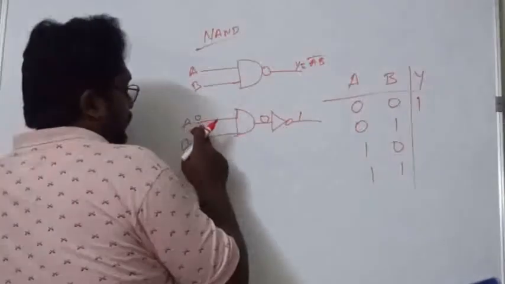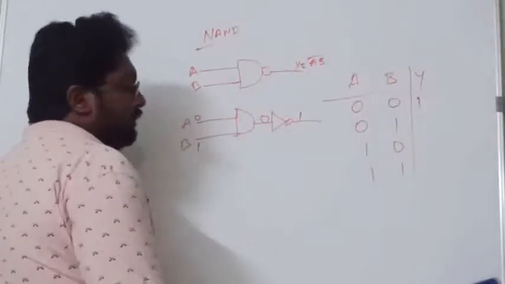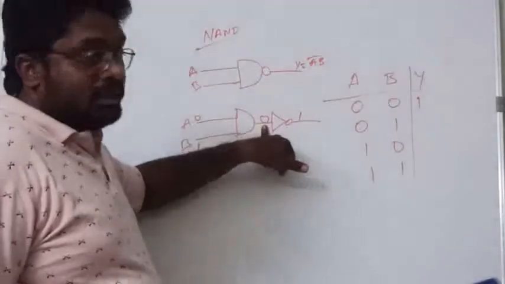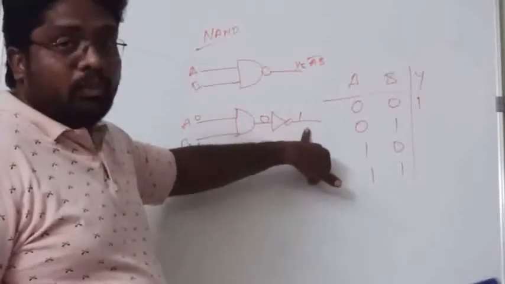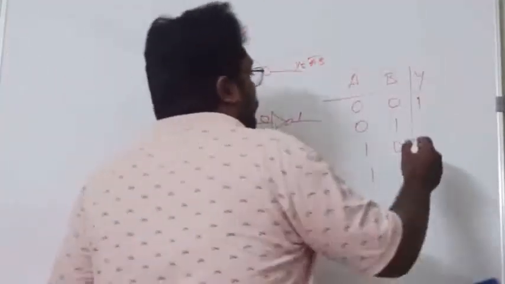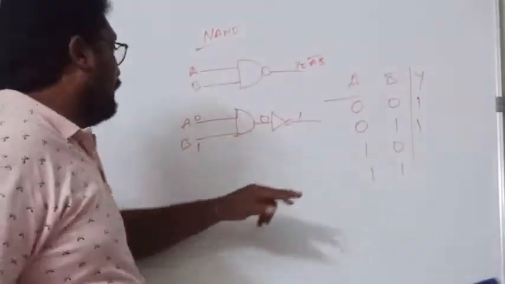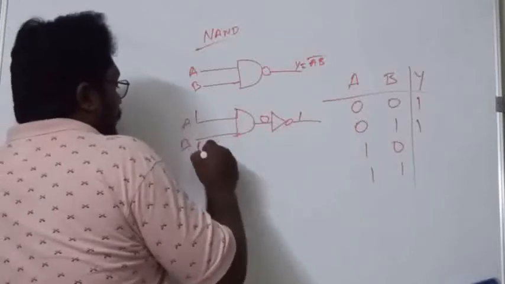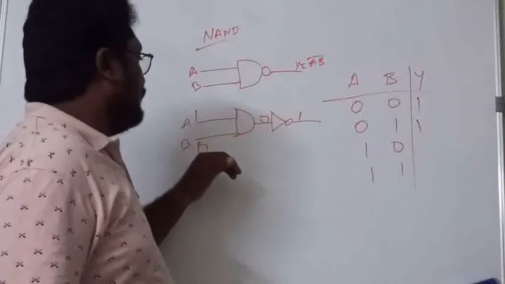Again, for the 0 1 case, A = 0, B = 1. The output for the AND gate is 0, and for the NOT gate with input 0, the output is 1. The third case is that the input A = 1, B = 0.